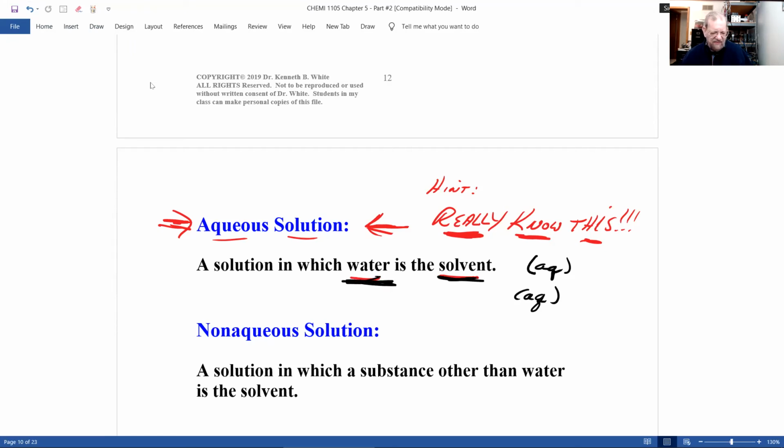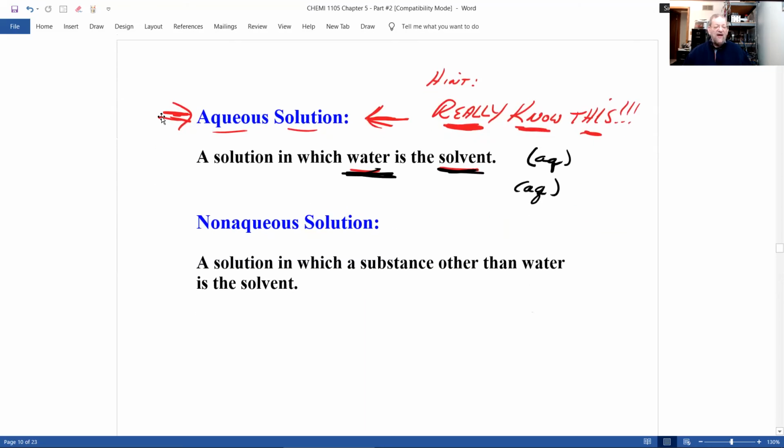is the solvent. Now, you can also have non-aqueous solutions, which means a solution in which a substance other than water is the solvent. So that's non-aqueous.